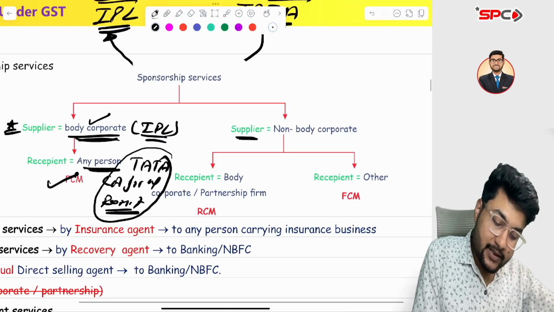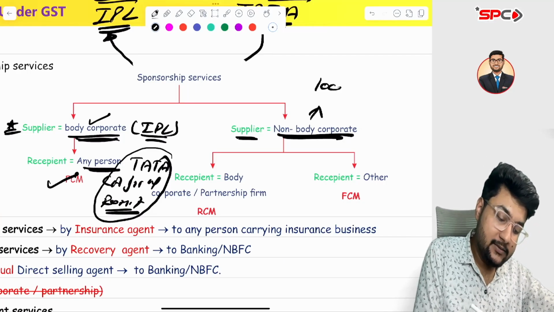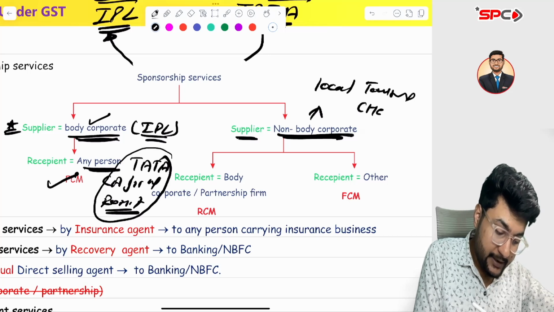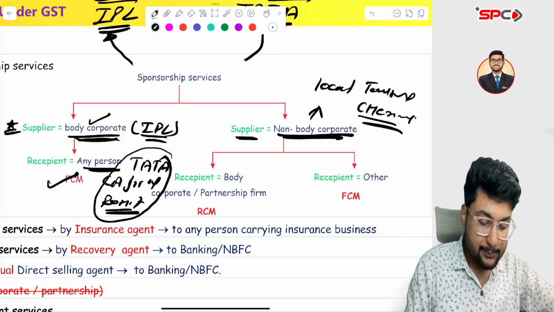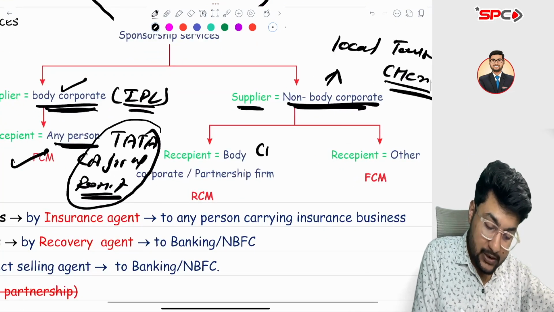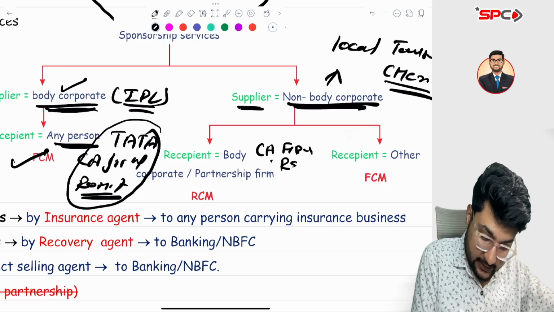Now suppose it's a non-body corporate. Suppose a local tournament in our Chennai is sponsored by your local CA firm, or Tata, or Reliance.